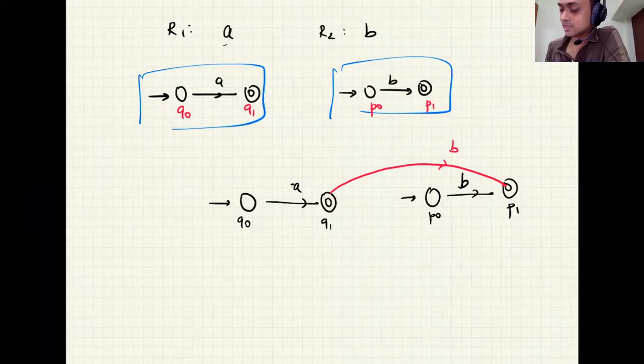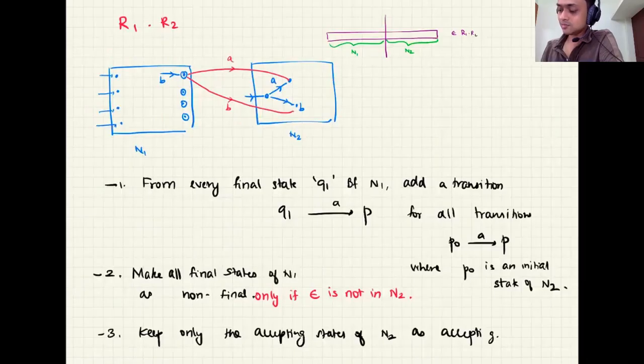Okay, B. The second thing that I'll do is I will remove this as a final state because epsilon is not there in the language of N2. Okay. I should do a third thing, which is this should no longer be an initial state, unless epsilon is there on this side. Okay. So it's a symmetric thing. I kind of bypassed one step and this is making it a bit difficult.